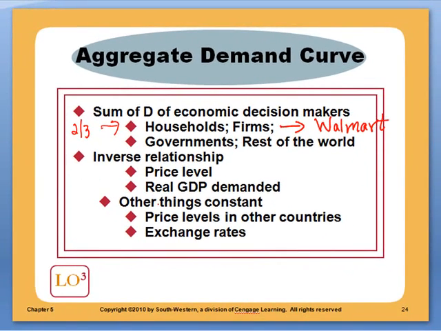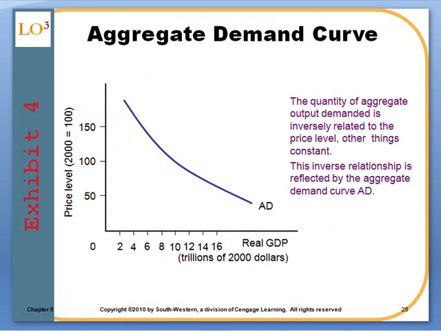Government, so what does government provide for us? Schools, we've got bridges that we have, and then other foreigners. So what we're going to see is that we'll have more demand because on average prices will be cheaper, and GDP will go up at a lower price level. So more aggregate demand as that price level drops.